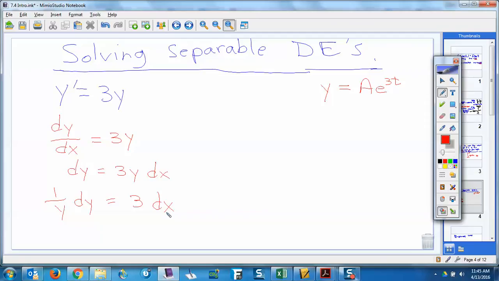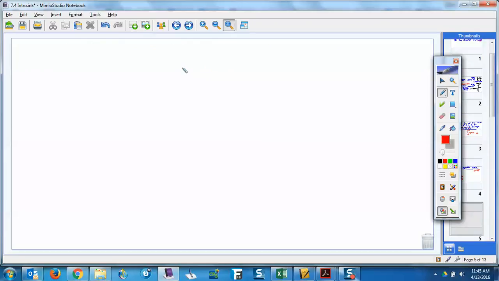Now, when I say you can't have addition or subtraction, that means you can't have an x and a y being added or subtracted. But if I had this, right? Now this actually is an easy one because it just has x's in it. But if I had this, then I could multiply the dx over here and I'd be fine.